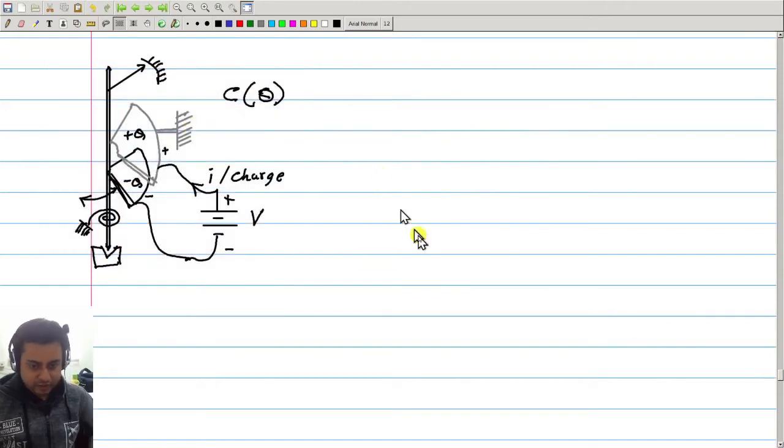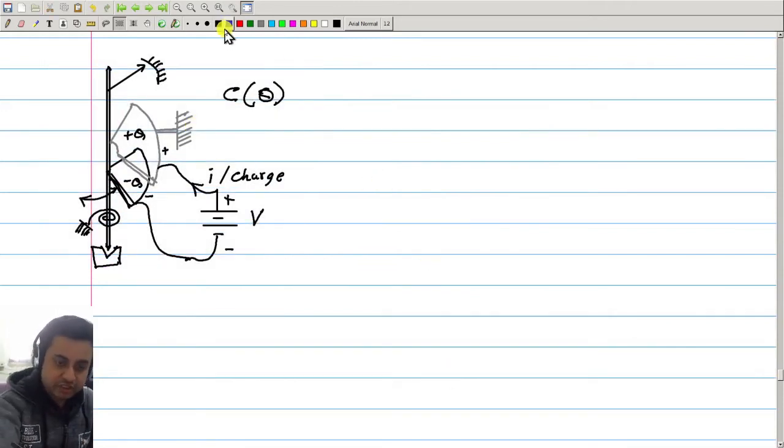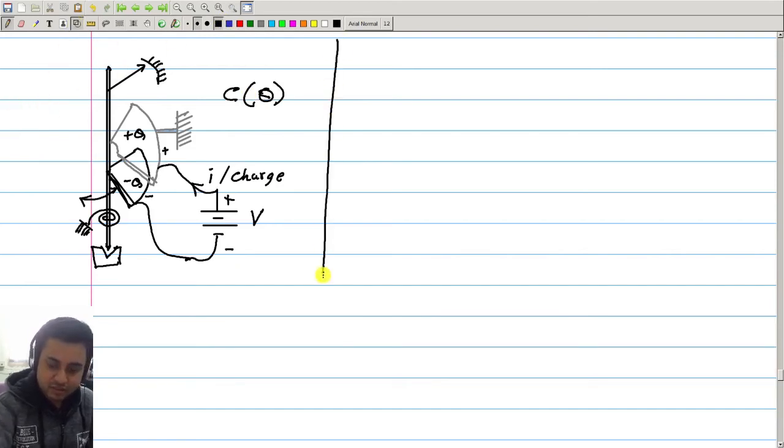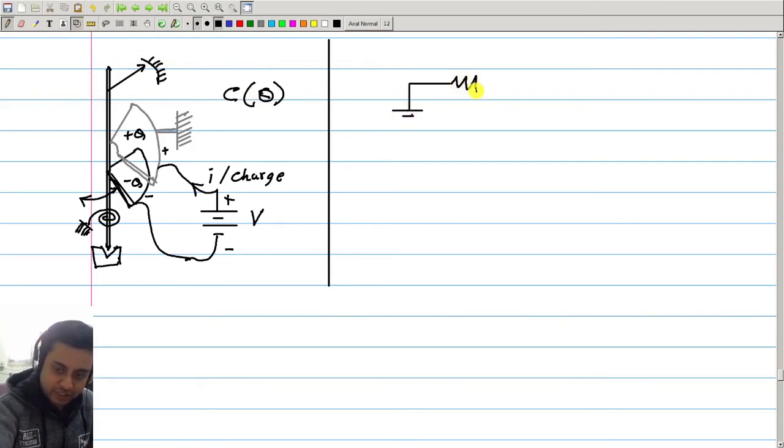Let me tell what he is asking about first, then I will answer. We know that if we have, say, a battery connected in series with a resistance and a capacitor, where this capacitor is C, voltage is V, resistance is R. Initially the capacitor is uncharged.